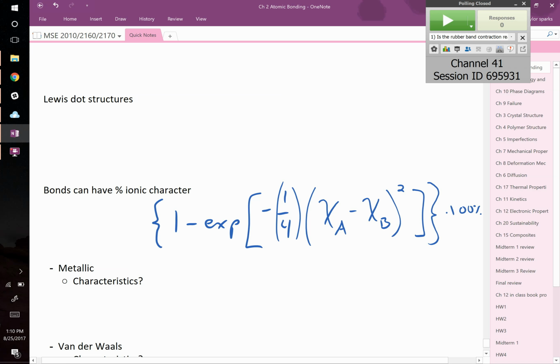Right? So what do I mean by this? In this expression, the only thing that we don't know is chi A and chi B. That's the Greek letter X. They call it chi. So for your two different atoms, whatever they are, you know, nickel and chlorine or whatever it is, you look up the electronegativity for those two atoms. When you plug those into this formula, it will spit out a percent ionic character.